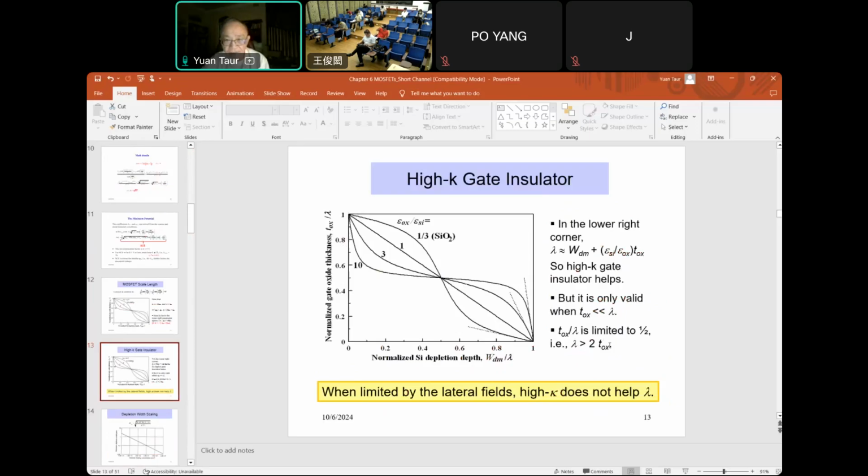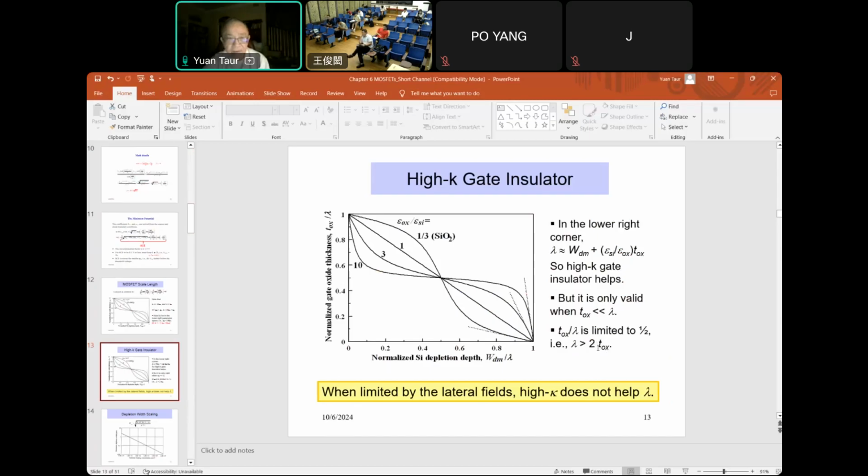So the physical thickness has to be controlled. So that's what this comment at the bottom is. If the K is so high that the lateral field is the limiting factor, then the lambda is simply given by the physical thickness of oxide, regardless of K.